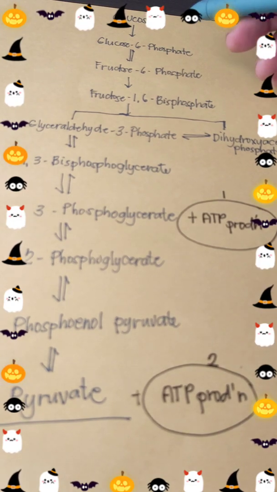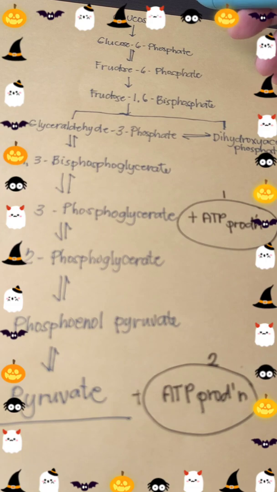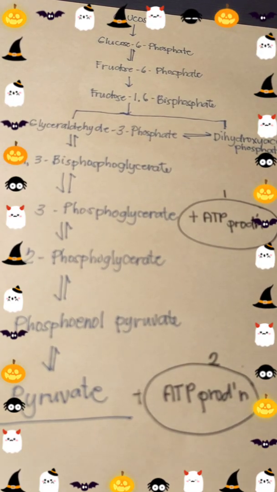Now, your hexokinase 1, 2, and 3 are found in the tissues. Now, hexokinase, of course, is an enzyme. It could be inhibited. An inhibited hexokinase may happen because of the presence or an increased production of glucose 6-phosphate.